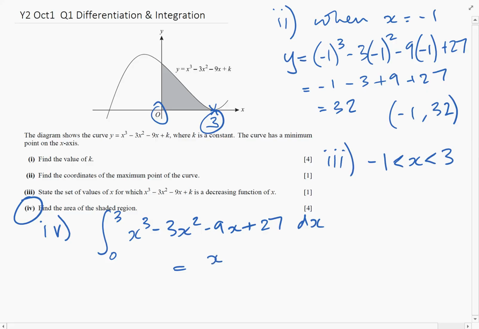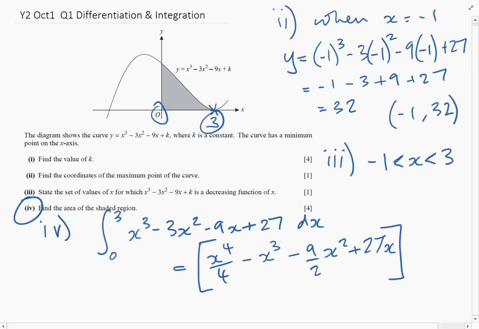So once we have integrated, we'll get x to the power 4 over 4 minus x cubed minus 9 over 2 x squared, and then plus 27x, and we still need to sub in our limits 3 and 0.